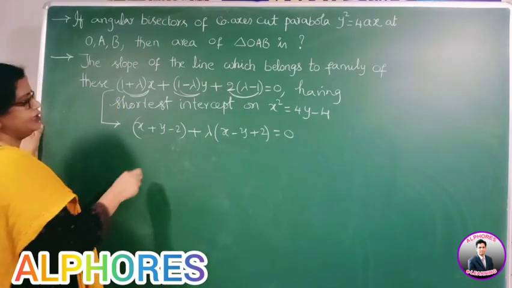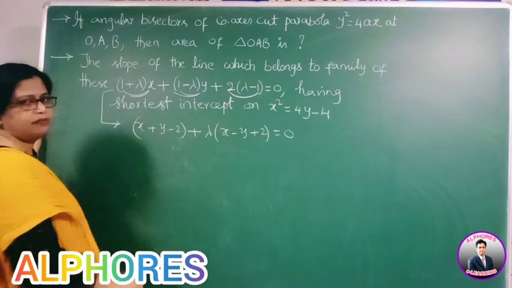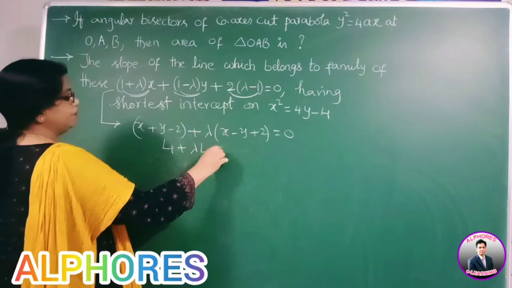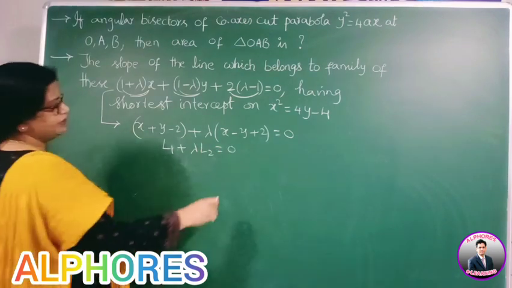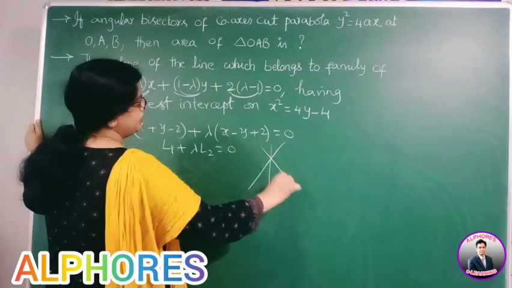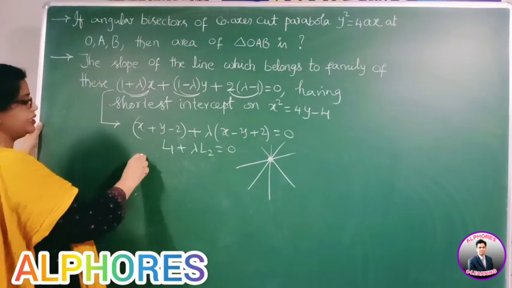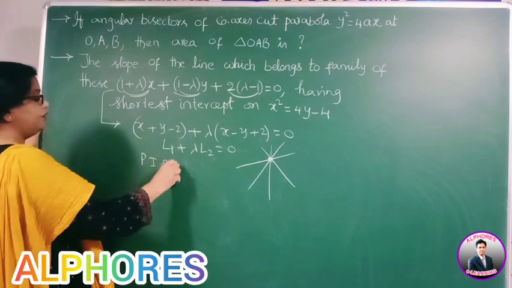So this is of the type L1 plus lambda L2 equal to 0. So the equation of the form L1 plus lambda L2 is 0 represents a family of lines, and all these lines pass through the point of intersection of L1 is 0 and L2 is 0.